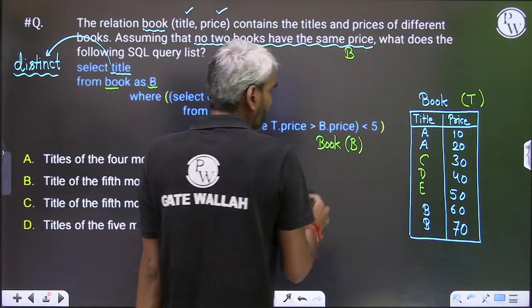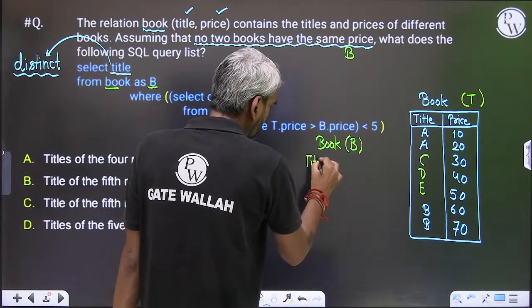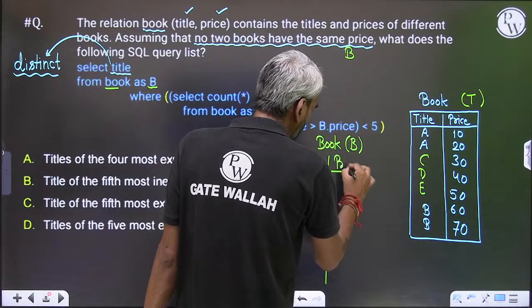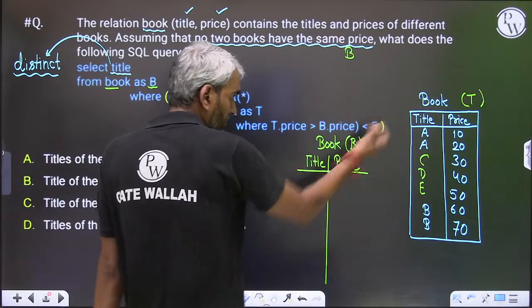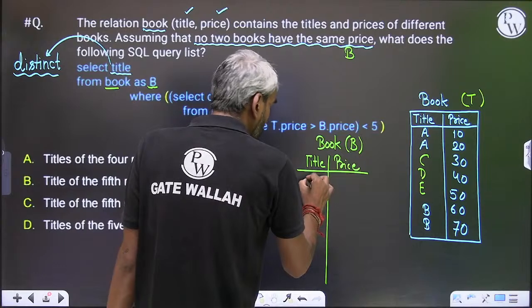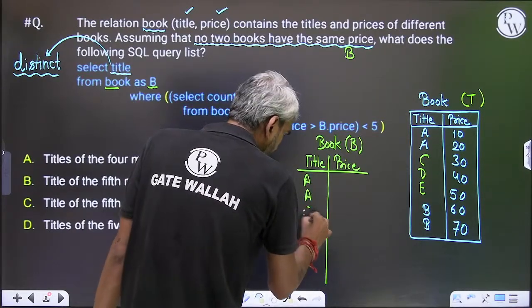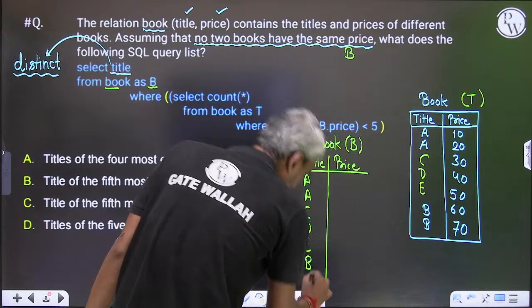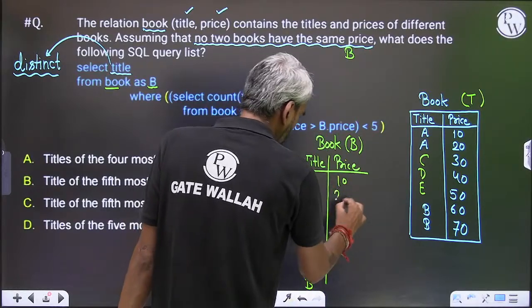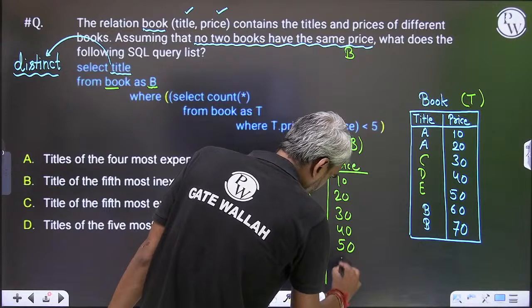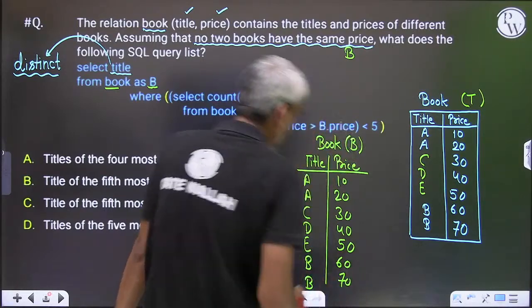One is treated as B, which is with respect to the outer query, and another is T, which is with respect to the inner query. Prices: 10, 20, 30, 40, 50, 60, 70.